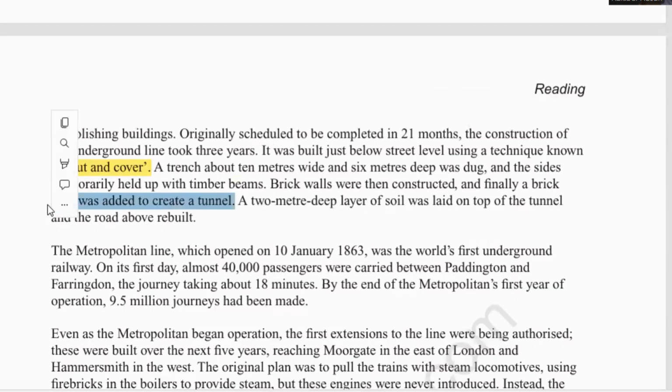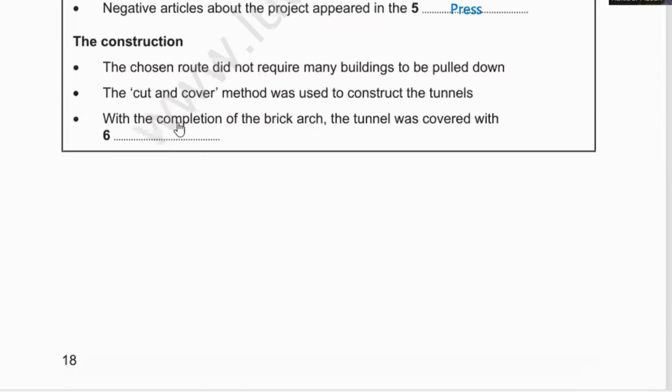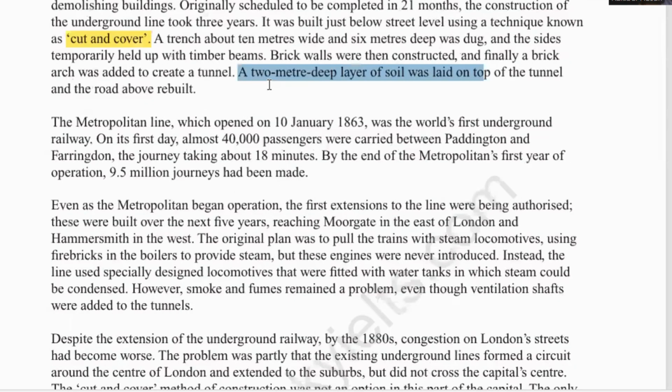A 2-meter deep layer of soil was laid on top of the tunnel and the road above rebuilt. So with the completion of the brick arch, the tunnel was covered with soil. Soil.